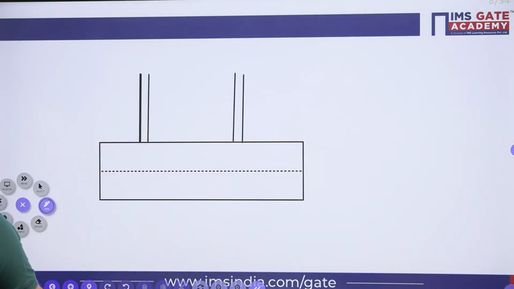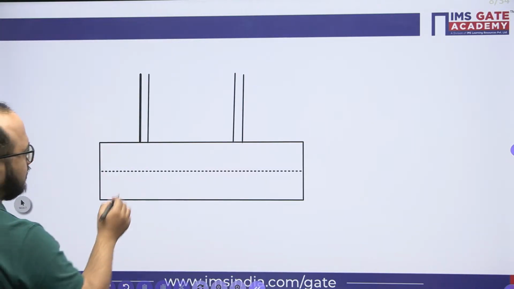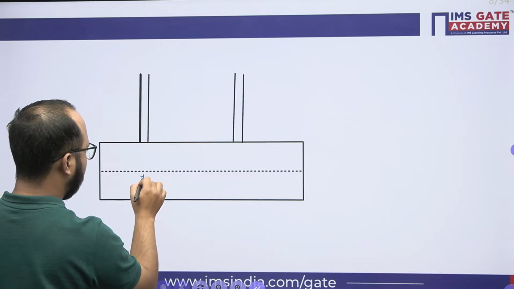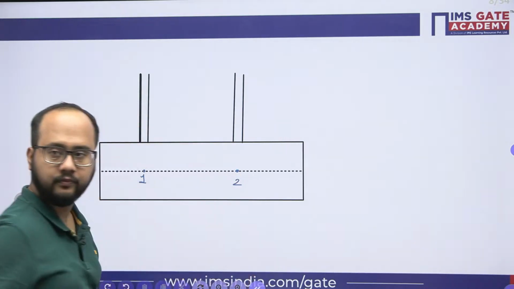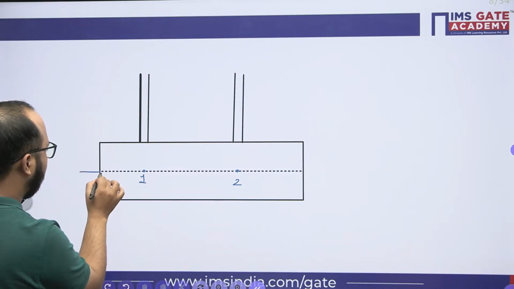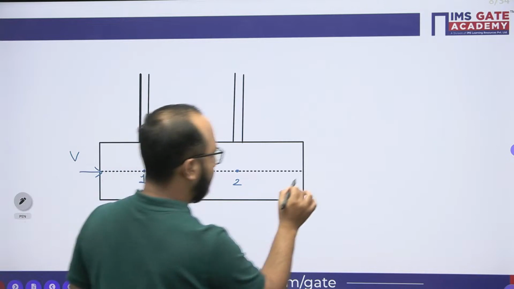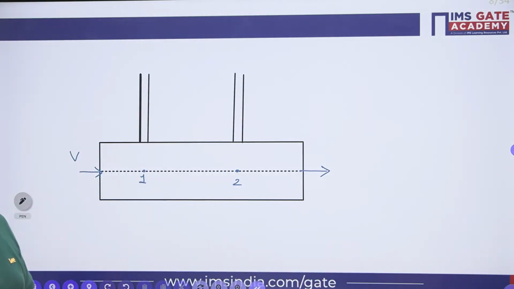So okay, now see. So let's suppose this is location 1, this is location 2, right? This is location 1 and this is location 2, and this is the fluid flow along the pipe. Now, a very interesting point here.